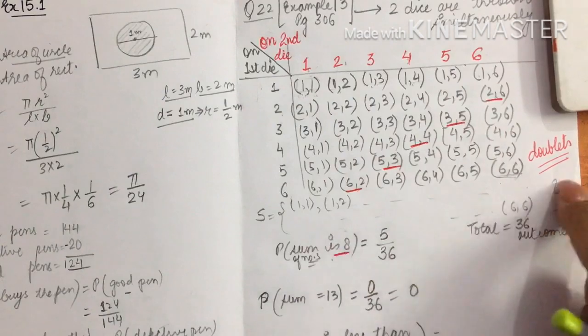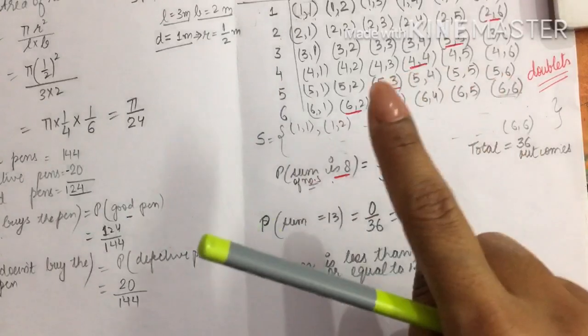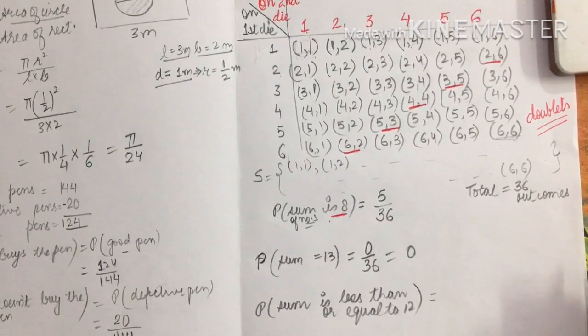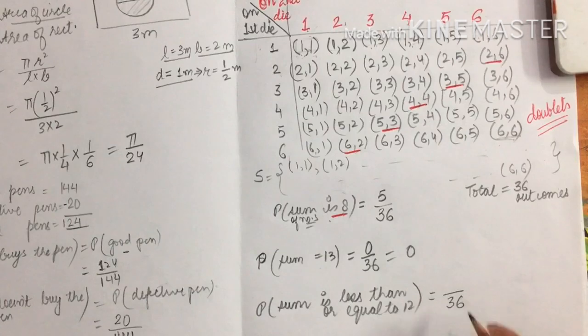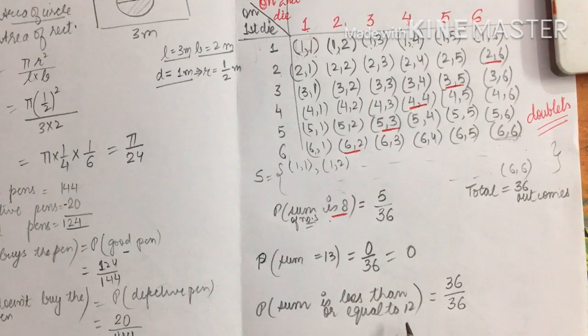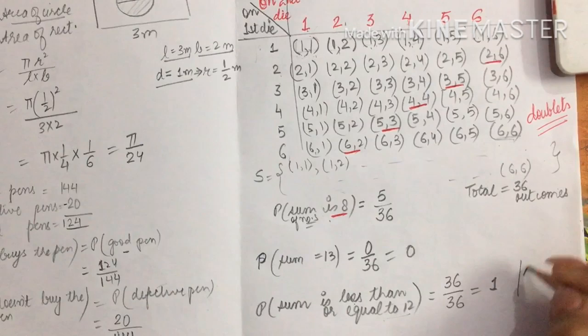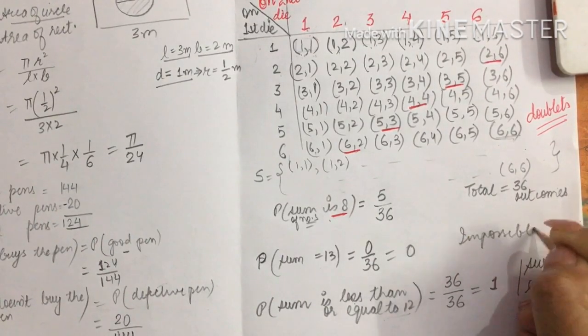So that means all the outcomes will be in favor of this event. So if all the outcomes are in favor of an event, that means that event is a sure event. The probability will be 1. You could write 1 directly, or you can write this way, that out of 36 outcomes, all 36 outcomes are in favor of this event. 35 have a sum less than 12, and the 36th one, the last outcome, has a sum equal to 12. So this is a sure event. And this one is impossible event.